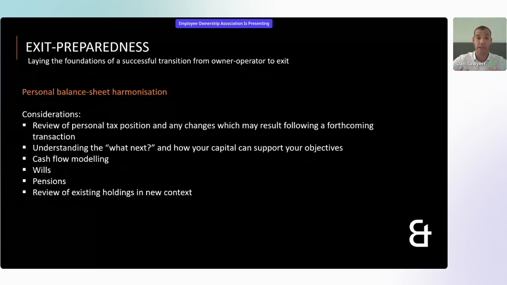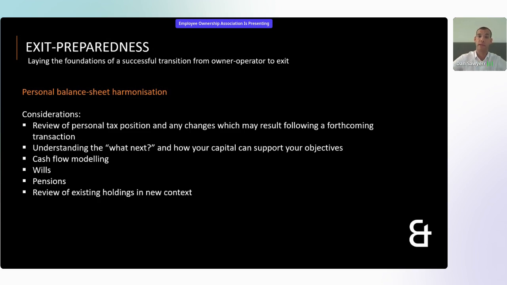So, starting to get your head around the key changes in terms of tax exposures, whether that's income tax changes or inheritance tax exposure changes, as early as possible, I think is advisable. Starting also to think about what life looks like over this 5 to 7 year deferred consideration period, any changes to lifestyle, and any changes to priorities or objectives.